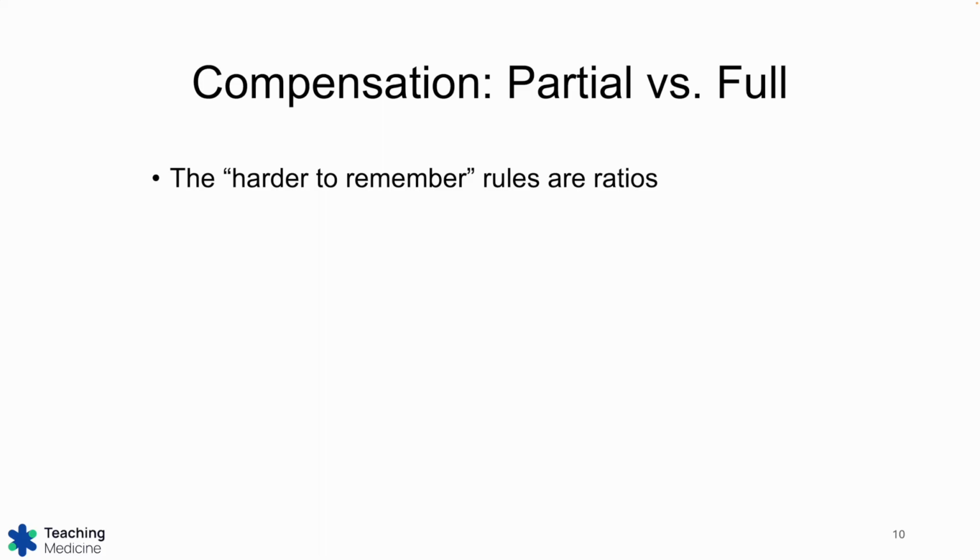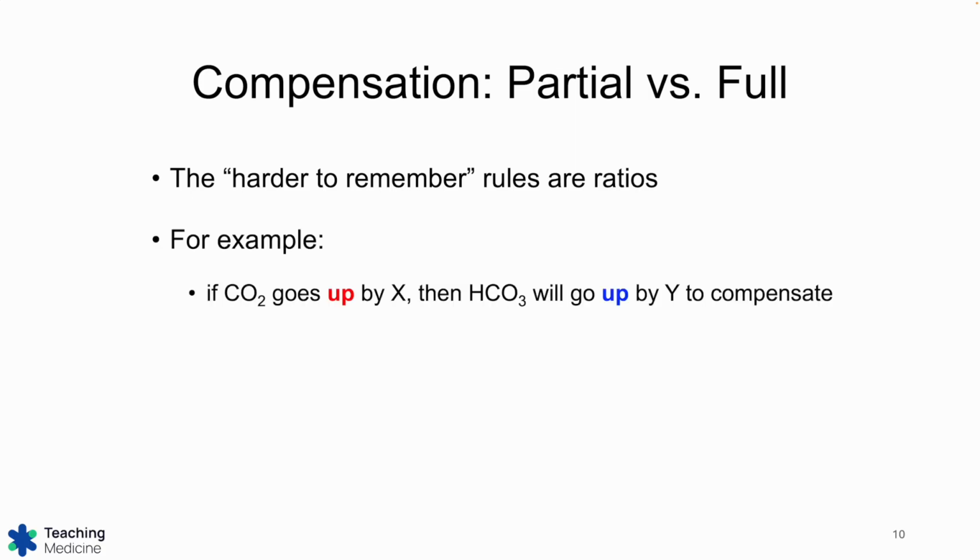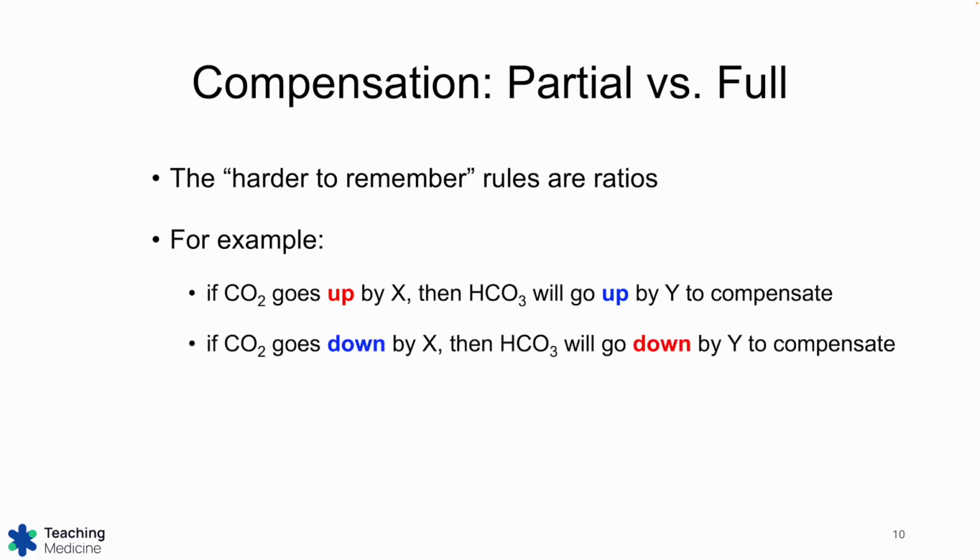And the harder ones are these math ratios. And we're going to go through them, and they're not the most fun thing I've ever done in my life, but we have to cover them. Basically what it says is that if your carbon dioxide goes up by a certain amount, then your bicarb will go up by a slightly different amount to compensate.